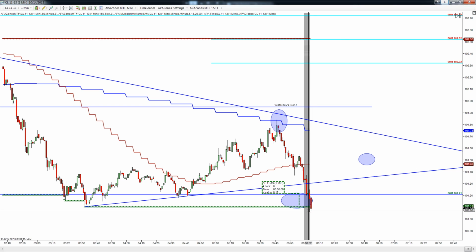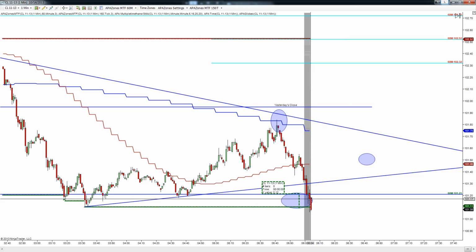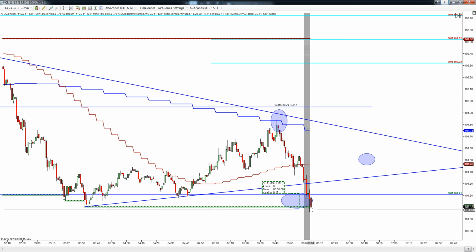Okay, so that was a fairly good size wick on that previous bar. But a wick by itself doesn't mean that price is going to reverse.